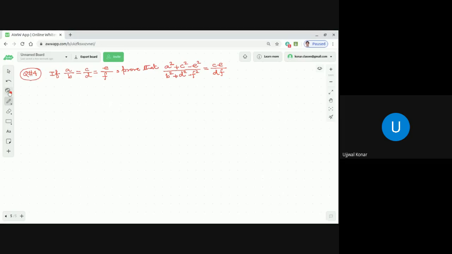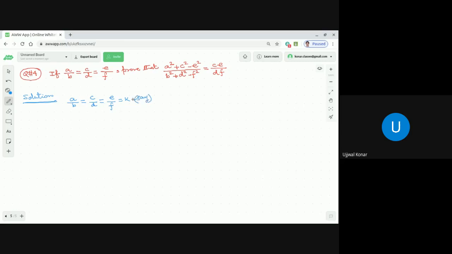Let me solve. As it is given that a by b is equal to c by d is equal to e by f, we can assume this is equal to k.